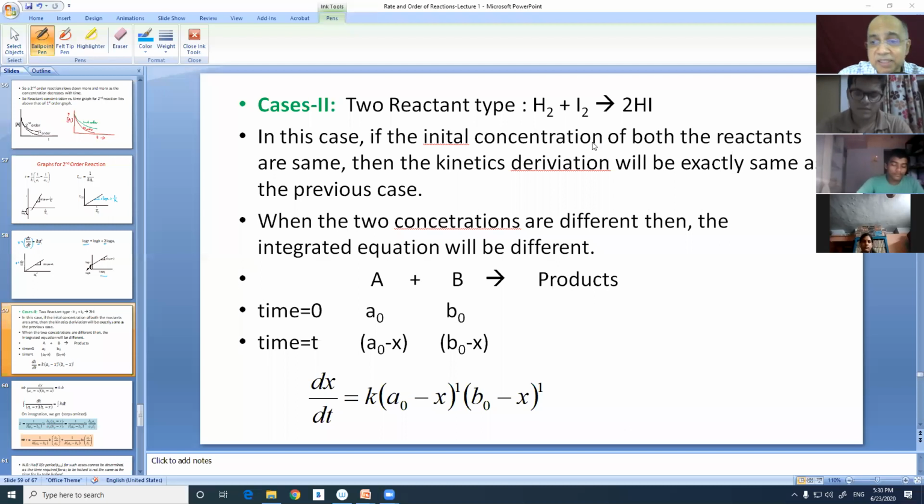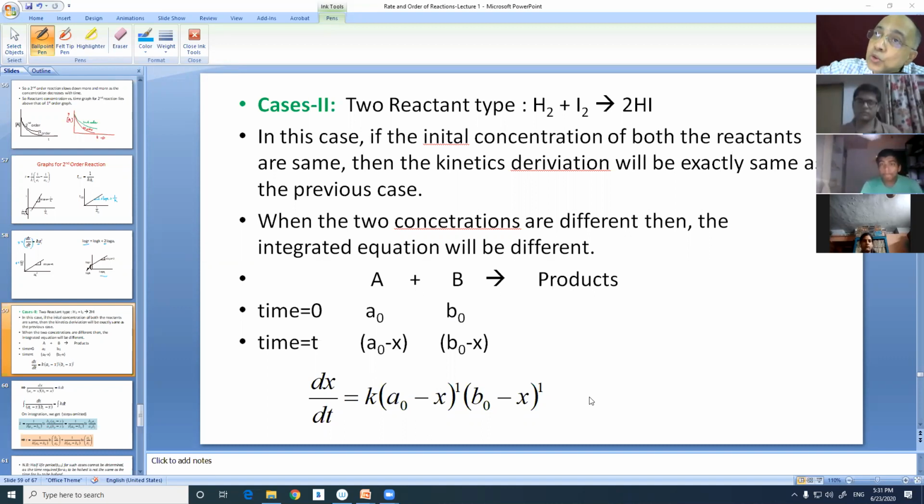Now in this case, there are two subcases. When both the reactants have the same initial concentration. This is A0, this is A0. Have a look here, don't write. The reactants are different, but the initial concentrations are the same. So A0 minus x, this is also A0 minus x. So this will be again (A0 minus x) square.